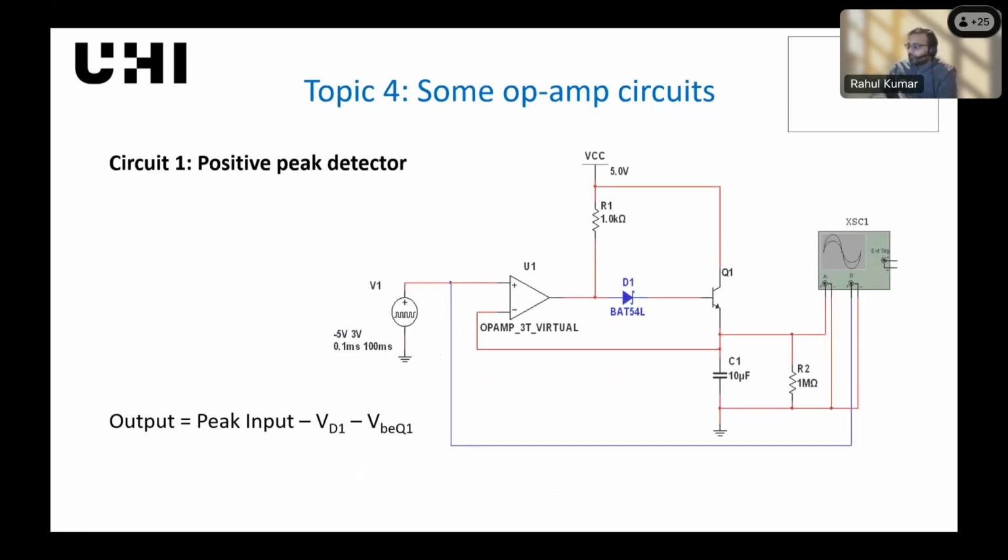Now there are a few more circuits we can look at. The first circuit is your peak detector. It's basically going to give us a DC output depending on the input.